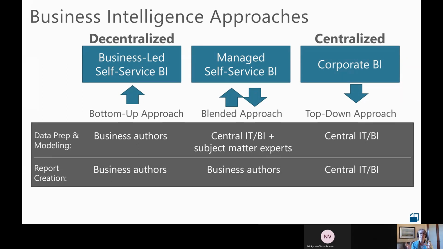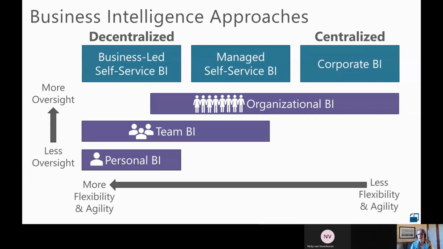The reason all that's important is because it's going to inform quite a few of your other decisions, knowing how many things and by whom are happening in these different approaches. Knowing that affects not only the scope of the solutions that are being deployed, right? Personal, team, or organizational, how many people are seeing the solution that's deployed, but it also affects the level of oversight that's needed and the amount of flexibility that can be accommodated.